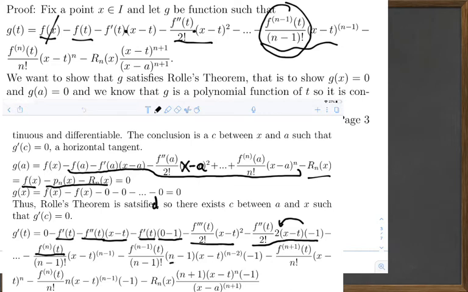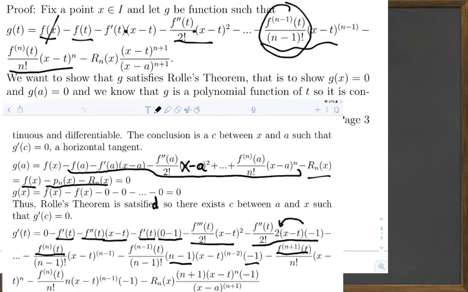So the n minus 1 comes down, x minus t to the n minus 2, and then times negative 1 by the chain rule. Now let's take the derivative of the nth portion here. The derivative of f to the n of t would be the n plus 1 derivative over n factorial times x minus t to the n.